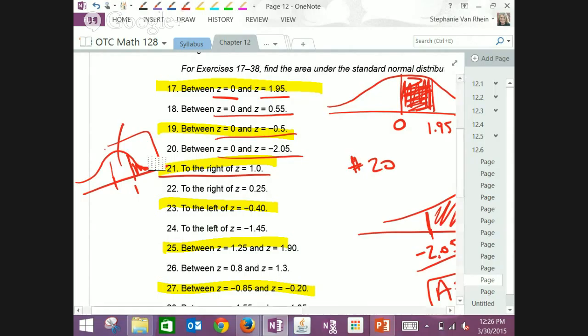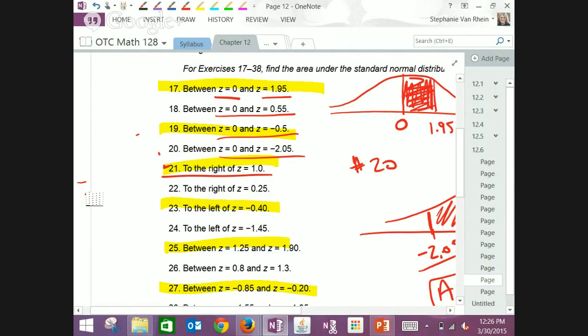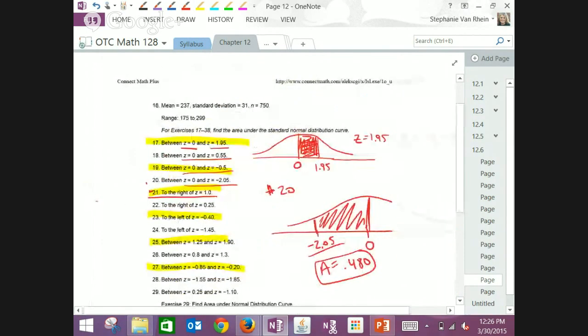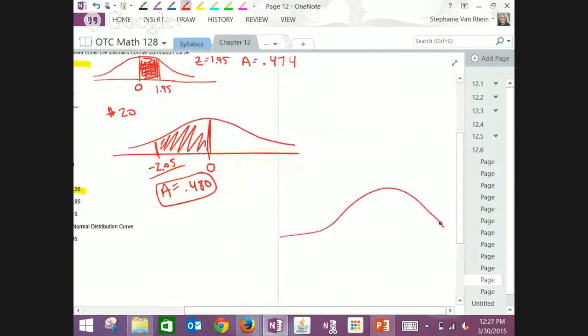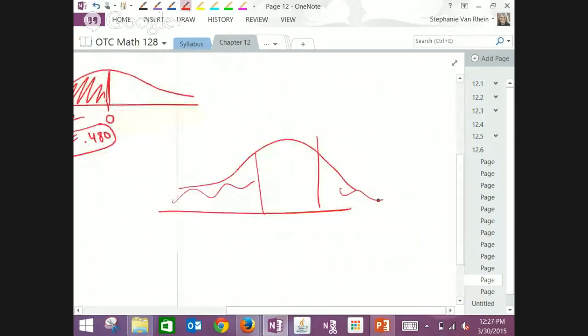Be very careful, because the empirical rule does not work to the right and to the left, because the empirical rule is in between standard deviations. So you're missing the ends of it. Sometimes students will say, oh, I know 68% of the data is in between one standard deviation, so if I want to know to the right, they make the wrong assumptions with the empirical rule.